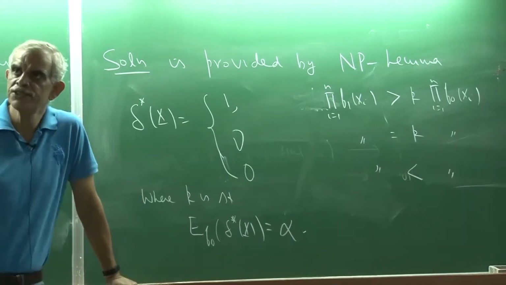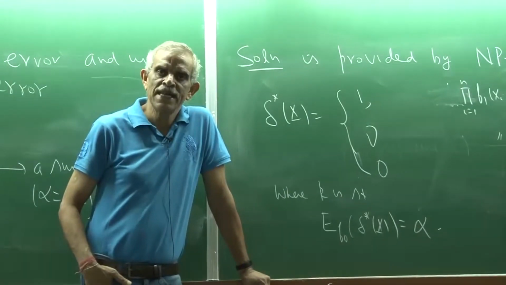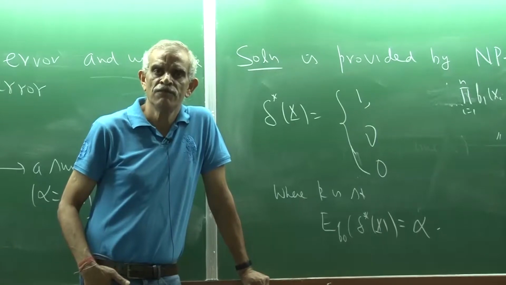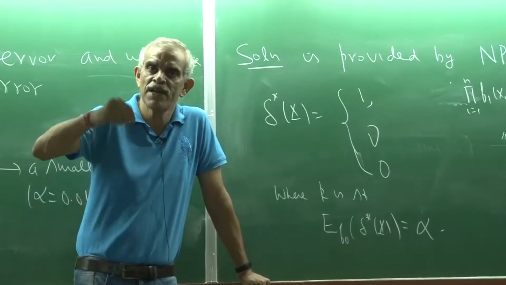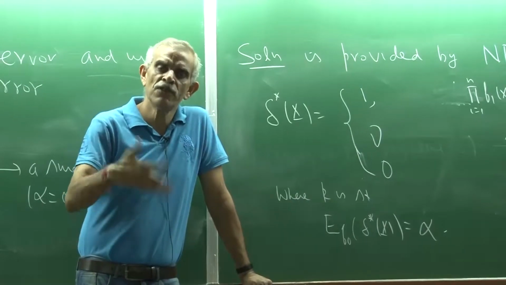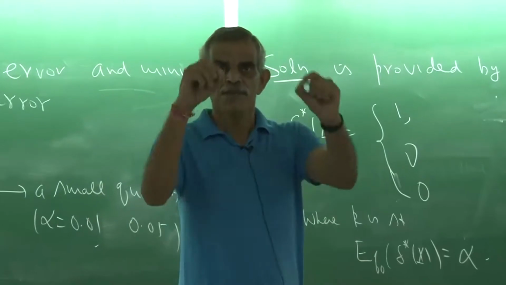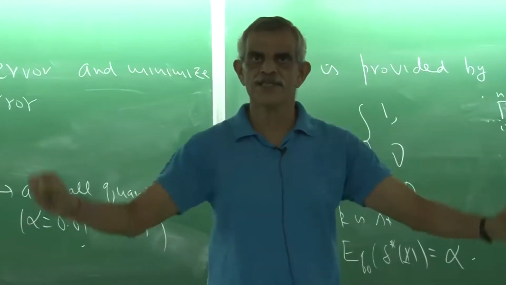And why was the classical approach necessary? Because you realize that I cannot find a decision rule which minimizes the risk at every parametric point. In a testing problem, that is equivalent to saying that I cannot find a test which minimizes both kinds of errors simultaneously.